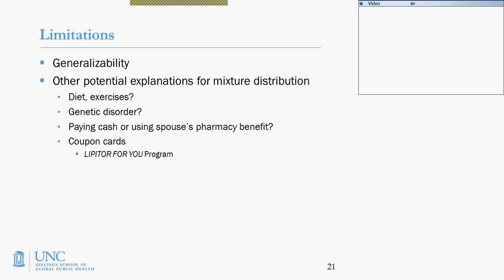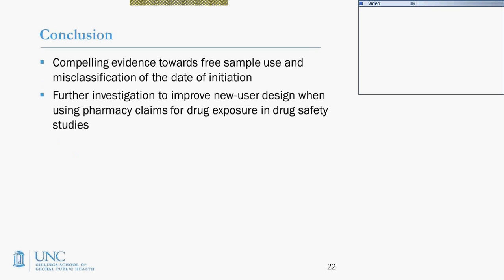And we have conducted several sensitivity analyses, including people who had diabetes, who were shown to initiate statins at a lower LDL, but we didn't find any changes in these results. So likely sample use is the most probable explanation for this mixture distribution.